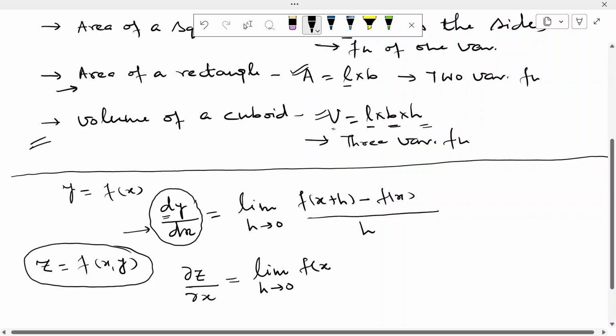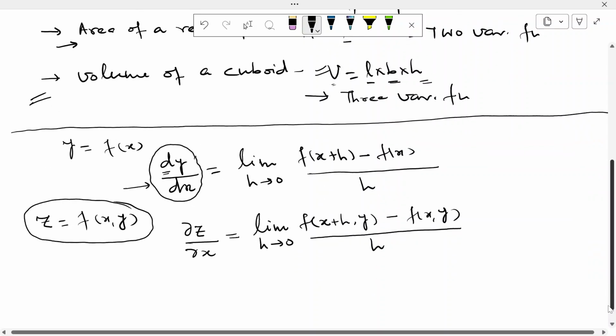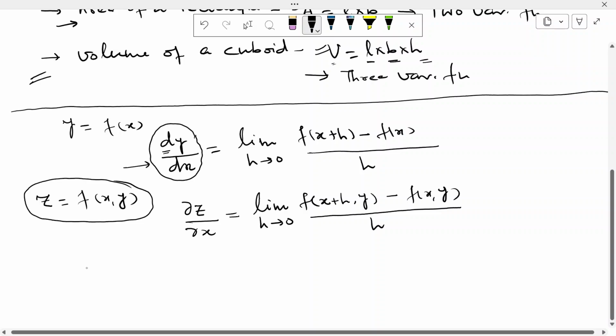Because we are having two variables, here we are finding the derivative of z with respect to x. So we are giving this increment only in x, and we keep our y as it is, and this limit will give us the partial derivative of z with respect to x.